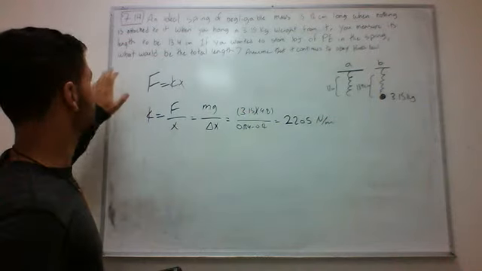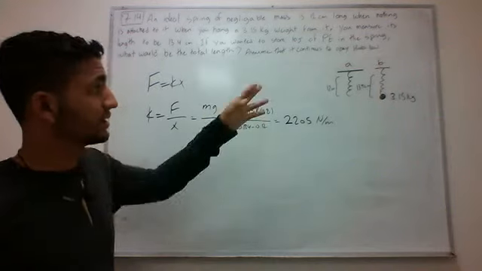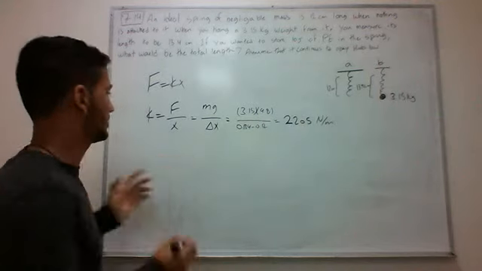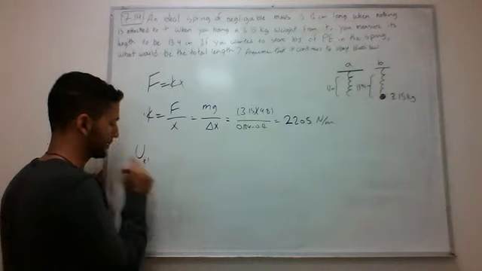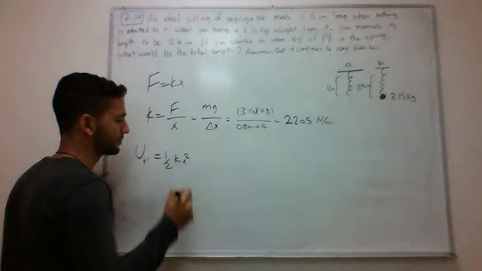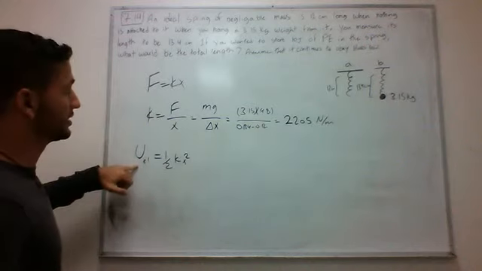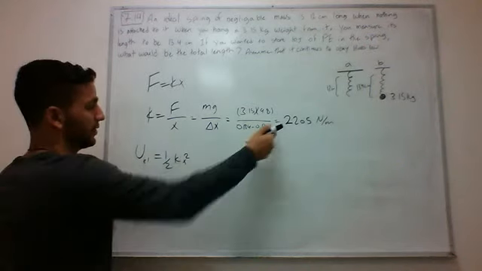Now the question is about the potential energy. This is an elastic potential energy, and we know the equation for that: the elastic potential energy equals 1/2 kx squared. We know the potential energy, which is 10 joules. We know k, we just found the number.